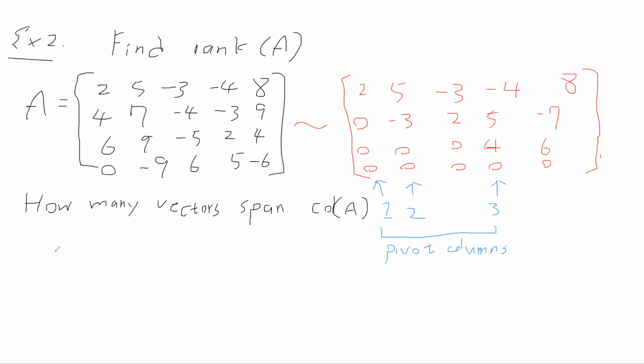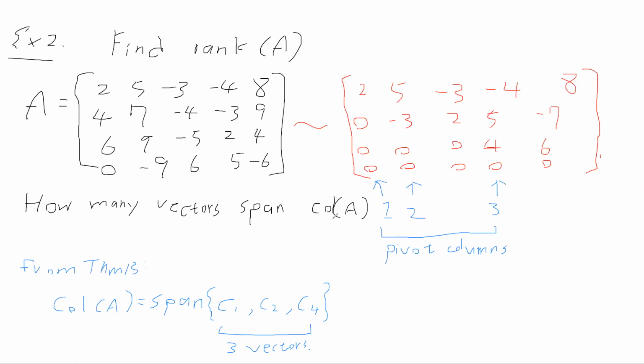That means from theorem 13, that's 2.8, the column space of A is the span of these 3 vectors, right? Column 1, column 2, and column 4. So from this point on, we can see, okay, the column space is being spanned by 3 vectors.